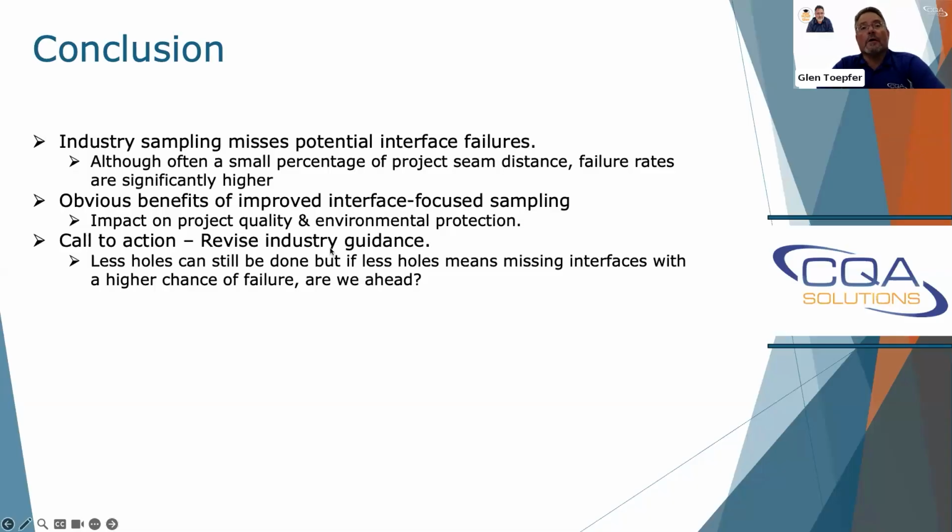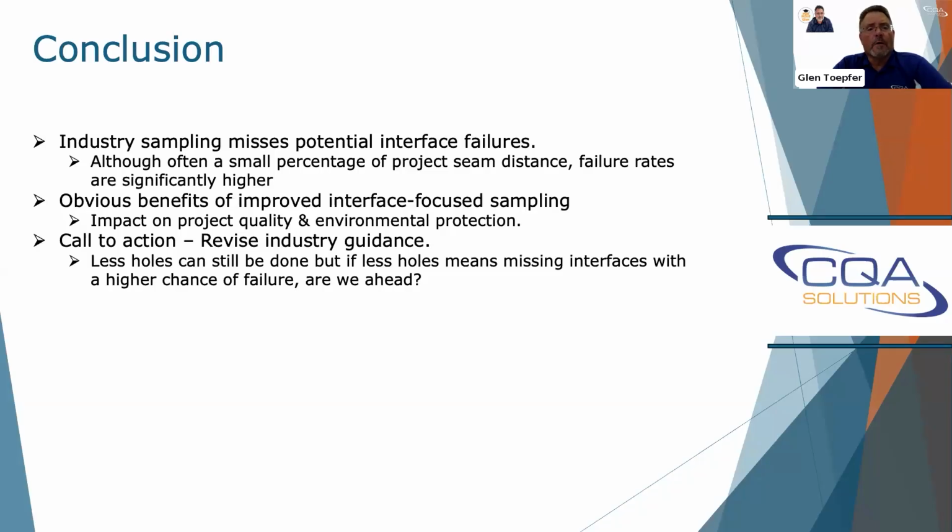And I really think a call to action for the geomembrane industry, I think we should have guidance that's related to this, to target interfaces on your original samples, but also your tracking samples.